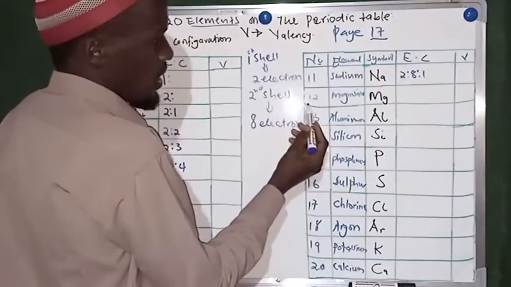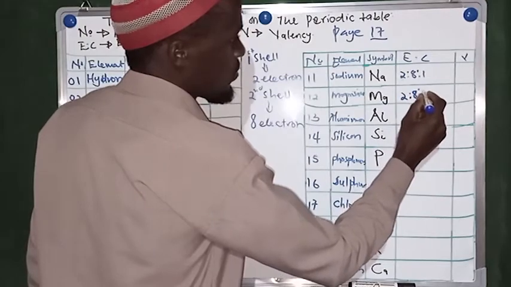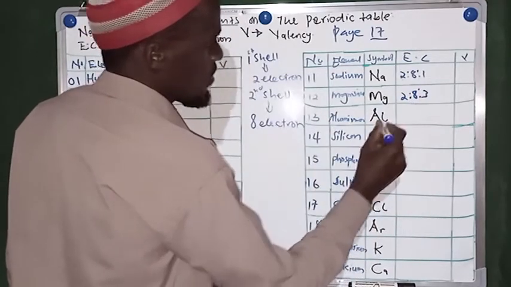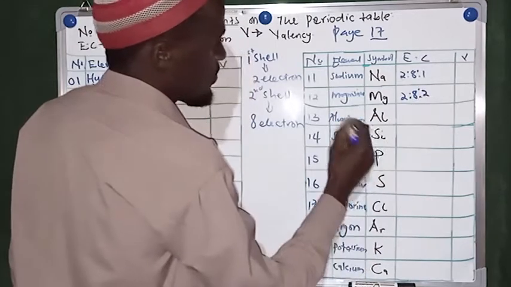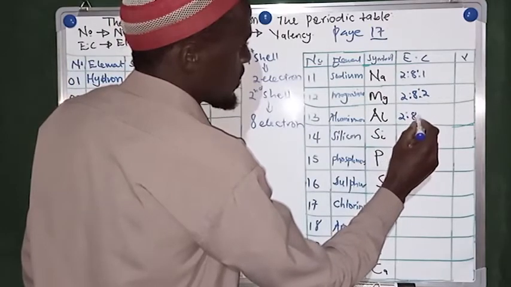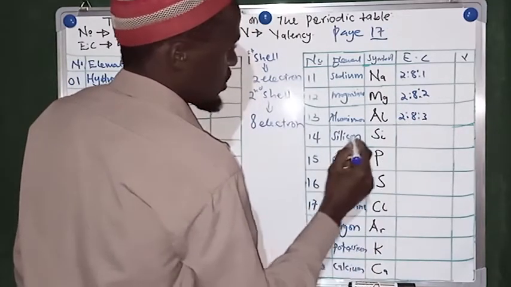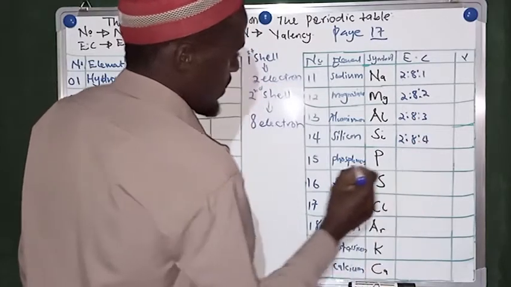Now, magnesium will be 2, 8, 2. If you add, you get 12. Aluminium is 2, 8, 3. Silicon is 2, 8, 4.